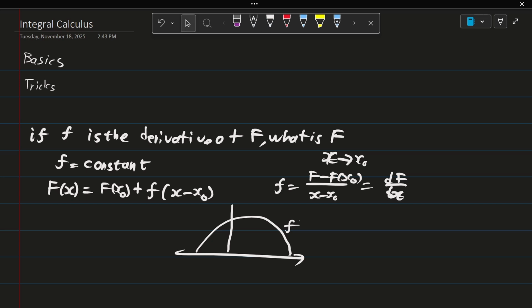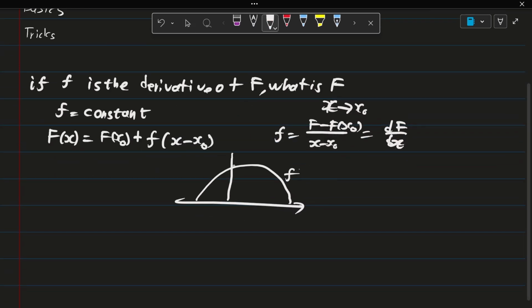What this denotes is, let's take this as x0, and say you have an x which is very small. That means you are taking this from x0 to x, so there is a small change in x. Then you multiply this by f, or pretty much the height, and what you get here is the area.